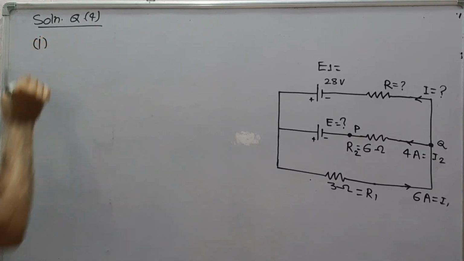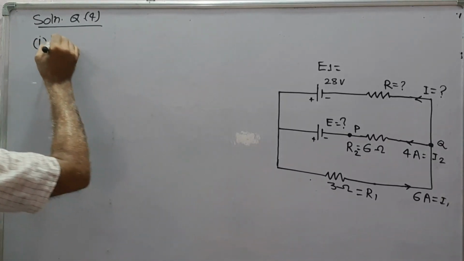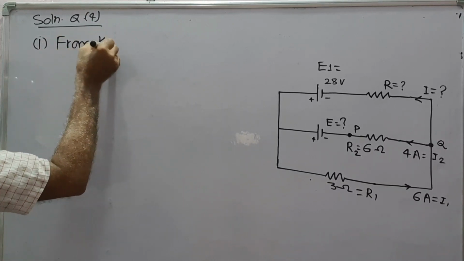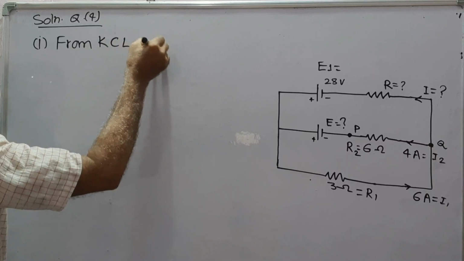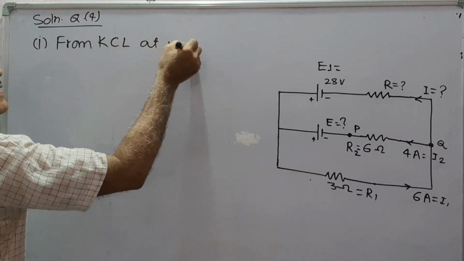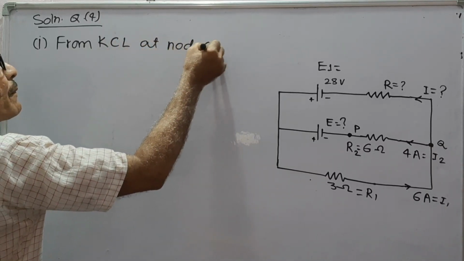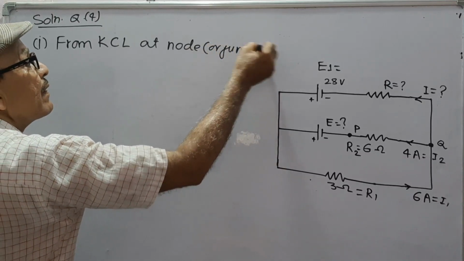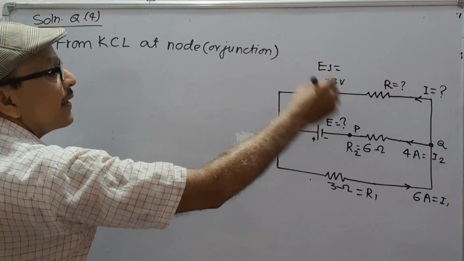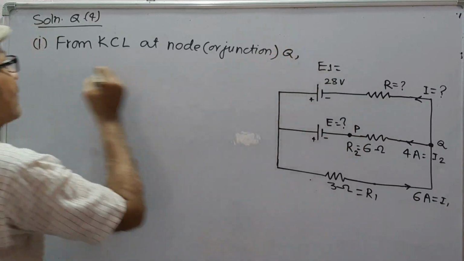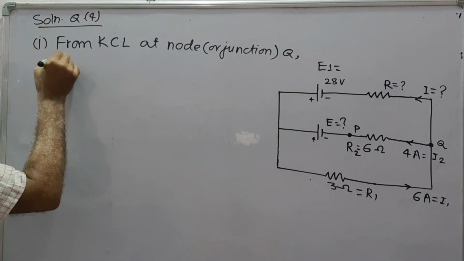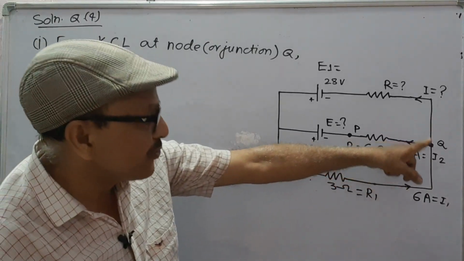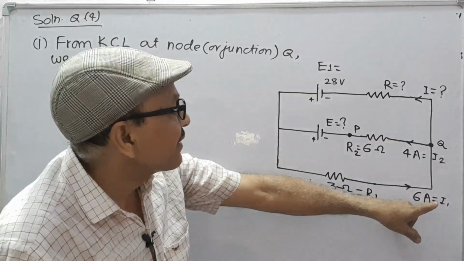First, from Kirchhoff's current law at node or junction Q, we get total incoming current is equal to total outgoing current.